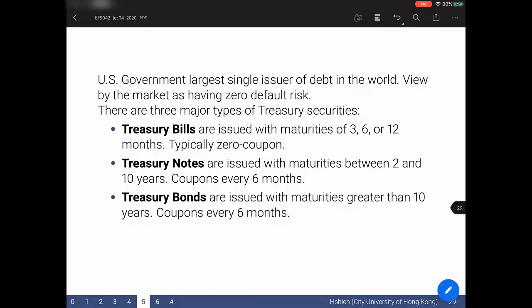So Treasury notes are issued between 2 and 10-year maturities, and they have coupon payments every 6 months. Conversely, Treasury bonds have maturities that exceed 10 years, and they also have coupon payments every 6 months. Treasury bills, on the other hand, do not issue coupon payments, and they are typically very short maturities, issued between 3, 6 months, or 12 months.